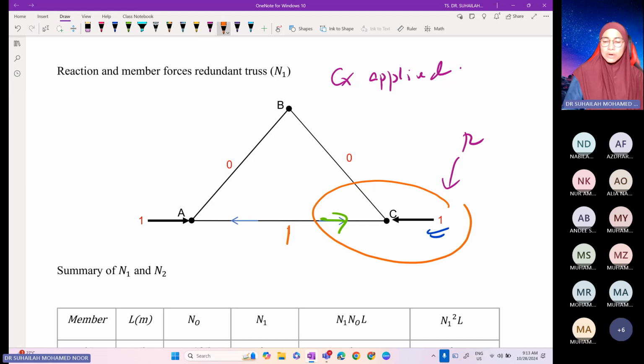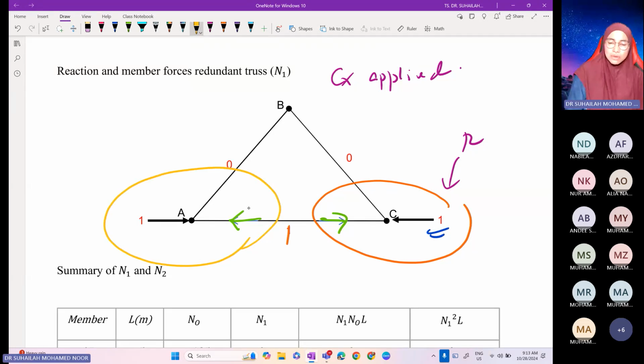Ni ada 1. Okay, so member force memang kalau dia akan ada opposite satu lagi. So ni baru jadi member force. Dia akan ada dua arrow yang masuk ke dalam ataupun 2 arrow yang keluar kan. Okay, so member force. So now ada hijau yang kedua ni. So yang ni, hijau ni untuk ni tau. Hijau ni untuk A.